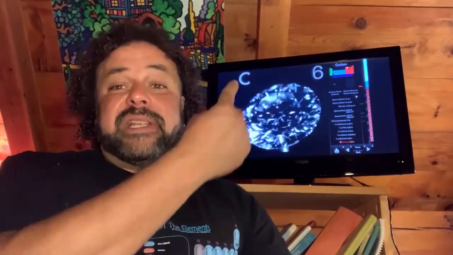Here, let me see if I can, well, I'm going to keep it in the case. I don't want to lose them. But look at that sparkling diamond on the Elements app and notice that it's C. C is carbon. And a diamond is made out of pretty much nothing but carbon. And that's pretty crazy because here is something else that's made out of almost nothing but carbon.